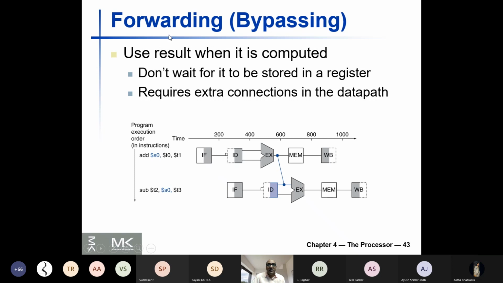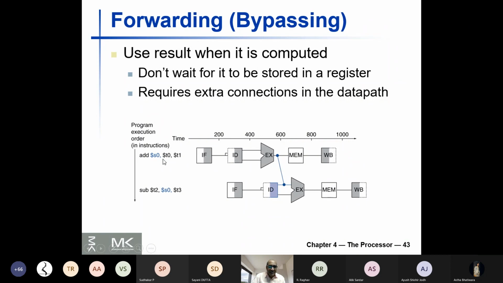It can be viewed as bypassing the stages where the result is supposed to pass through all these things, and finally be stored here, and the stored result has to be accessed in principle. But here we are not doing that, so we are bypassing all these stages. So it is known as either forwarding or bypassing, a way of overcoming the data hazards.